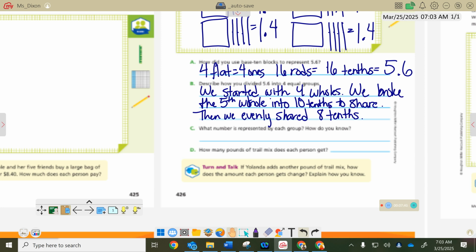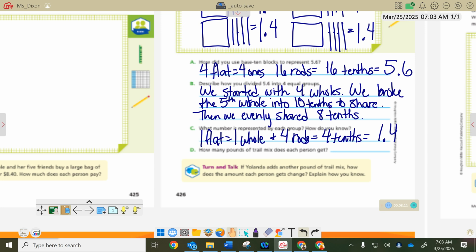What number is represented by each group? How do you know? That means, how much did each friend get? We have 1 flat, which equals 1 whole, and 4 rods, which equals 4 tenths. So each group gets 1 and 4 tenths.